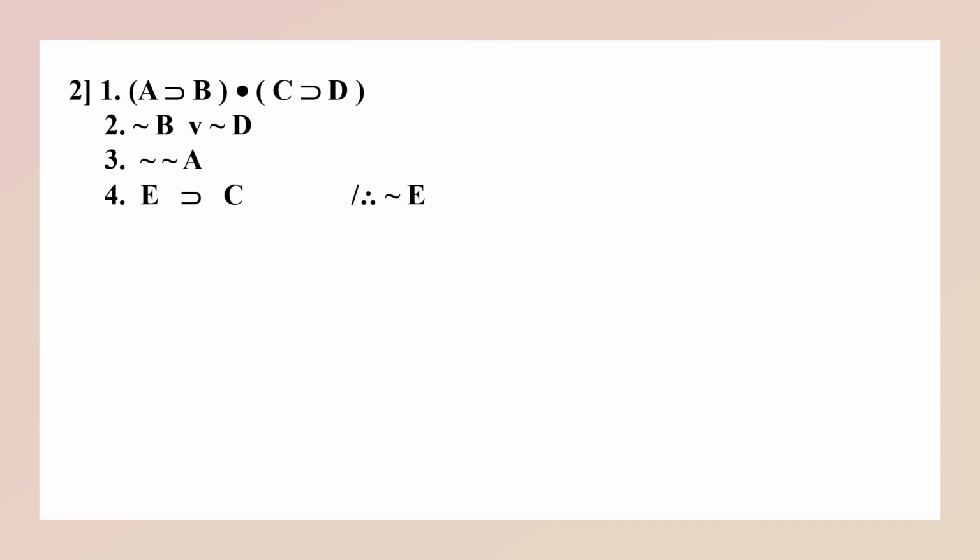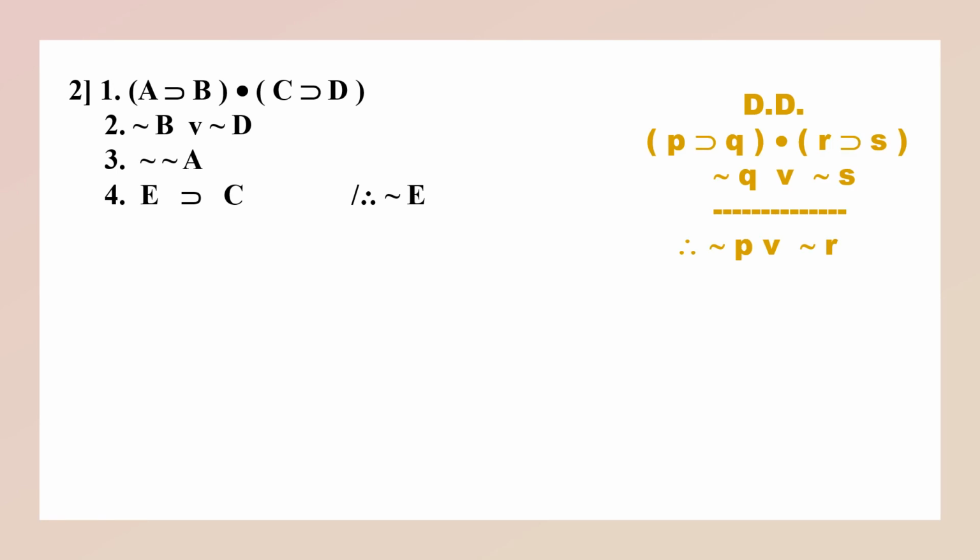In this example, A implies B and C implies D, not B or not D, not A. E implies C, therefore not E. Here two conditional statements joined by a conjunction are given in the first premise and the consequence negation is given. So you can apply the rule of DD, first and second premise, and you can derive the negation of the antecedents, that is negation of A and C, which are the antecedents, by DD rule 1 and 2.